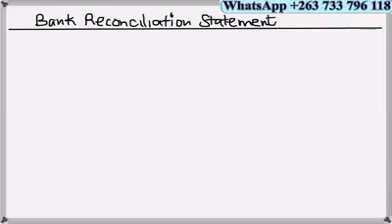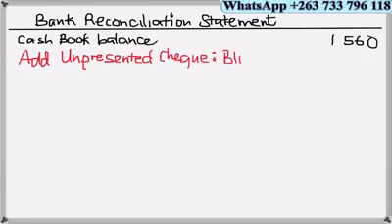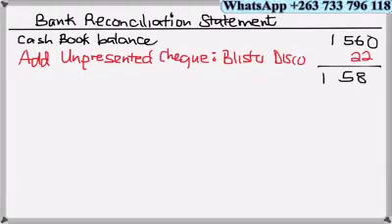These will be added and subtracted. So balance per cash book is 1,560. Note that this is the corrected or updated cash book balance. According to the formula, let's add unpresented checks. So now unpresented checks, Blister Disco, which is 22.